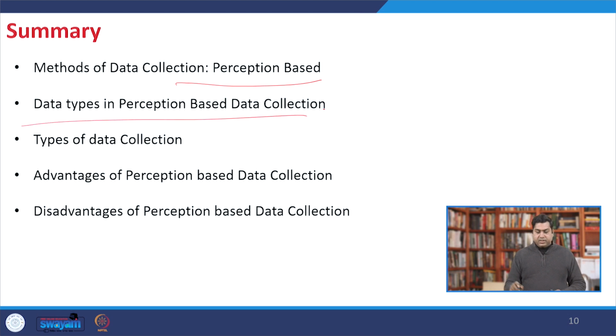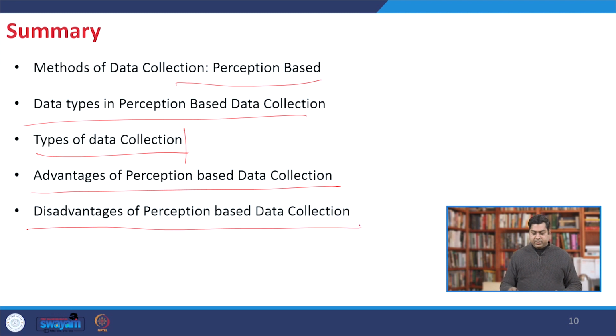We discussed different types of perception, different types of data collection, whether qualitative, quantitative or both, and then in detail the advantages and disadvantages. Now, if you ask me what the right method is, what would be a better method for any research in planning and architecture, observation or perception based survey.